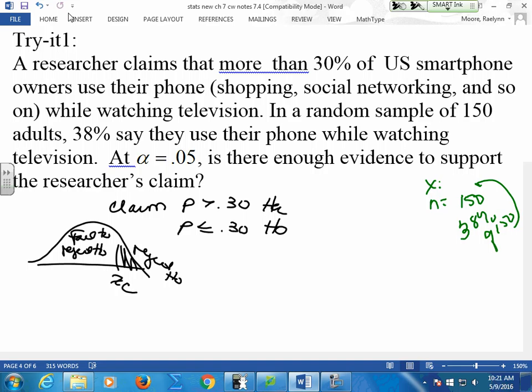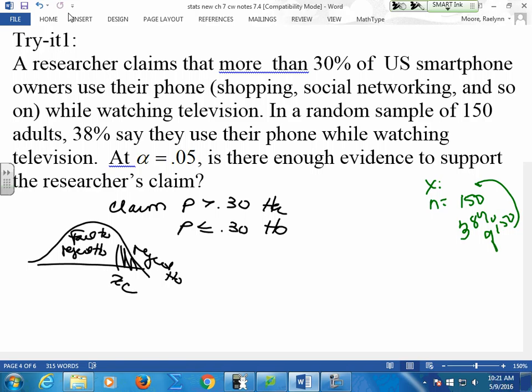So, John, how do I find the cutoff value for this, the critical value? You have to look at the table. I did it on the calculator. Good. So what did you do on your calculator? I want this critical value for the reject region.